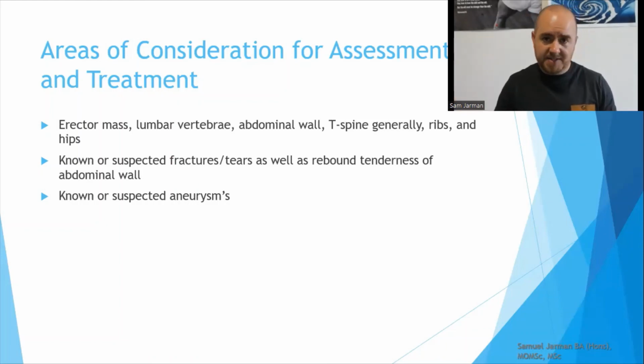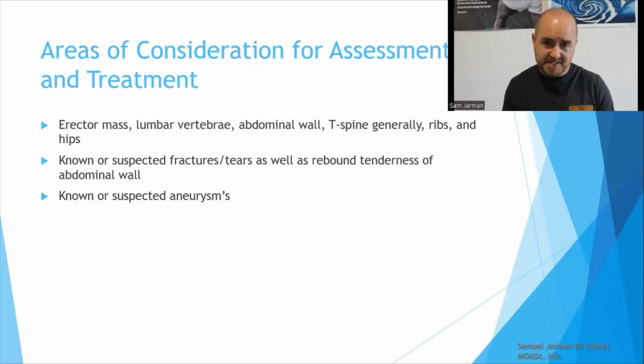Abdominal aortic aneurysms, if you suspect it, because there is some way to detect it externally, which is essentially a very, very large bound in the abdominal wall when the patient is in supine, you refer that out. If there's a known aneurysm, you don't treat it. Thoracic aortic aneurysms are much harder to detect. So you're in more of a blind spot there, but if you're in the lumbopelvic region, you're a little bit less likely to impact a thoracic aortic aneurysm.